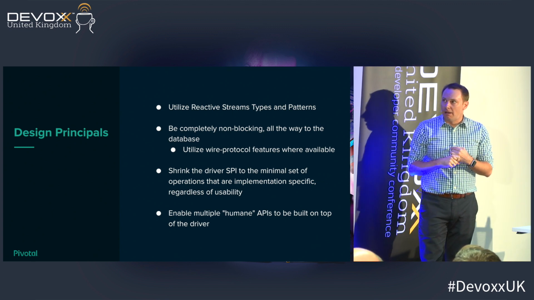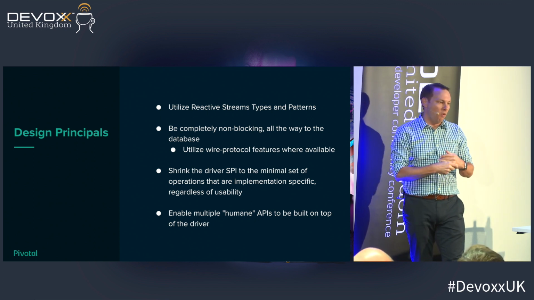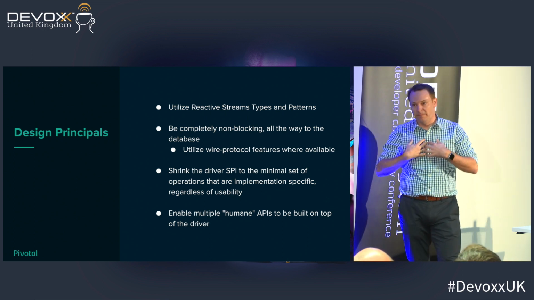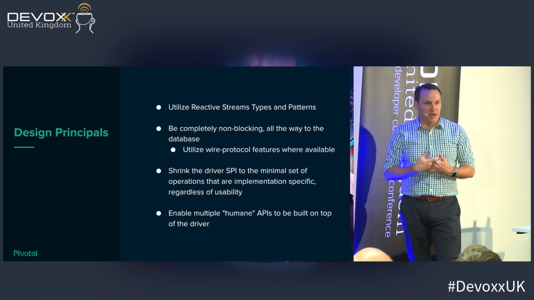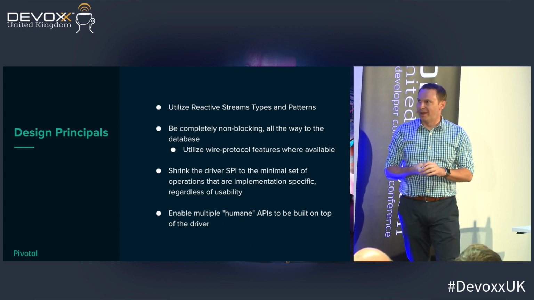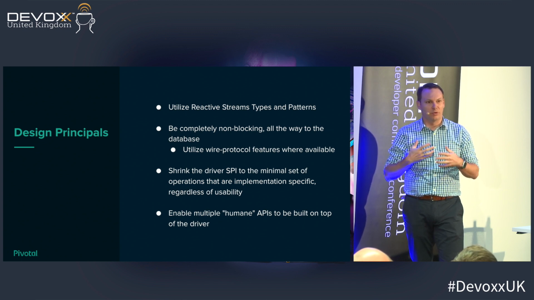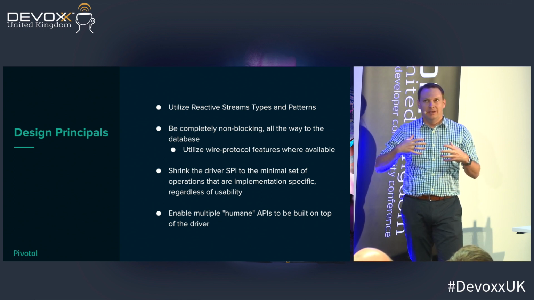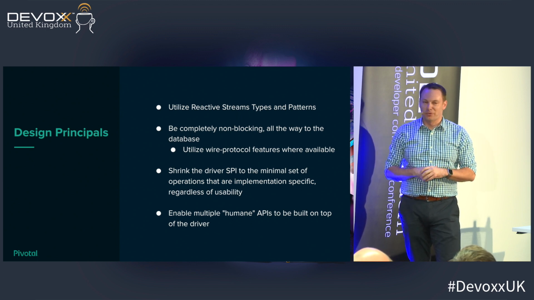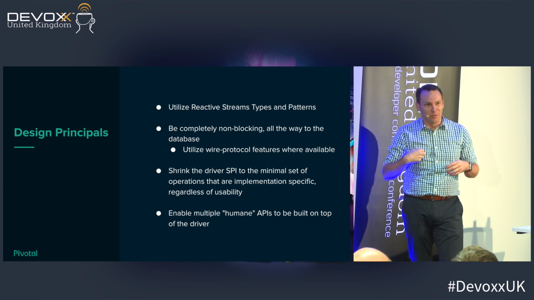We want our implementations of this API to be completely non-blocking all the way to the database, including potentially using the wire protocol. I'm very familiar with the Postgres wire protocol. There are a bunch of other databases that have different wire protocols, but for example, Postgres has this thing called a portal that effectively, in the framing for the wire protocol, has this idea of go get me the next 10 things and don't send me any more than the next 10 things.